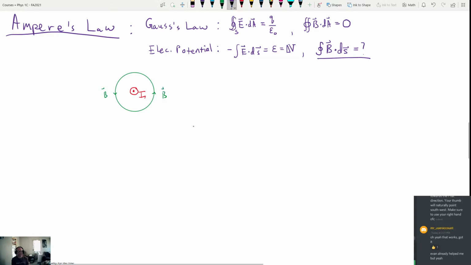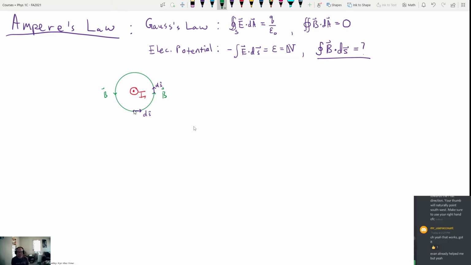And what we're going to do is calculate the integral of B dot ds along this loop. So our ds's are going to be lines like this. ds is always going to be parallel to the circle, tangent to the circle, and parallel to the magnetic field.